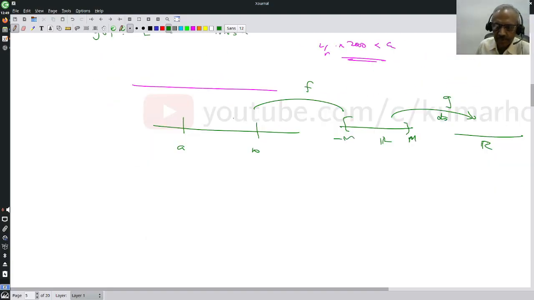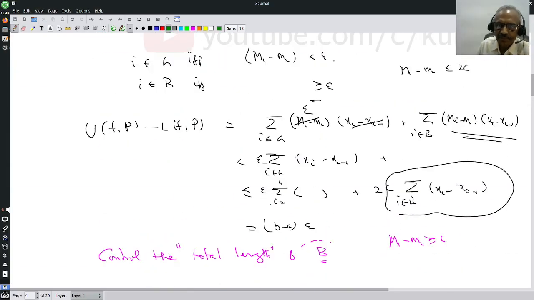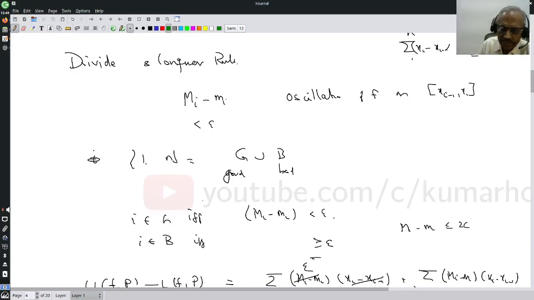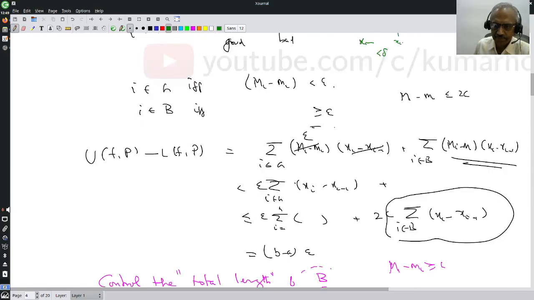There also you will see something similar because the sum will be something like M_i of g composed f minus m_i of g composed f. Since g is continuous, the oscillation will be less than epsilon if I choose x_{i-1} to x_i to be very, very small, by the epsilon-delta definition of continuity.